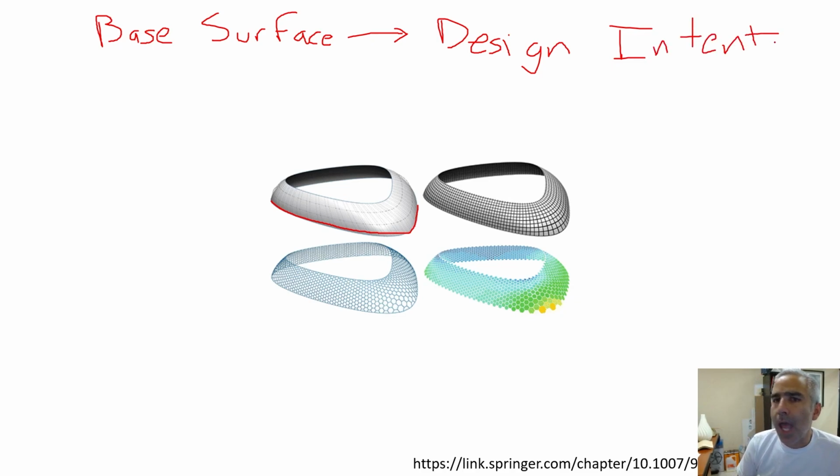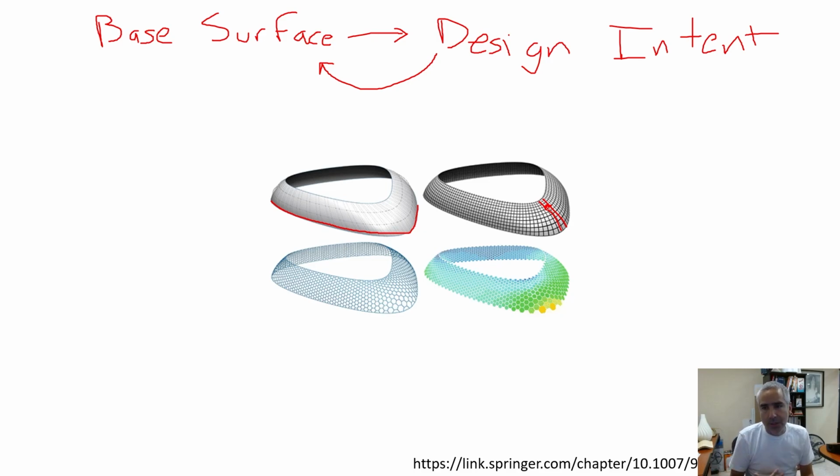After that, you turn your design intent into a base surface, and you model that either in Rhino or in Grasshopper or with other software tools. And then after that, you will normally create a grid that breaks down the surface into smaller surfaces, smaller chunks that are buildable and usable.